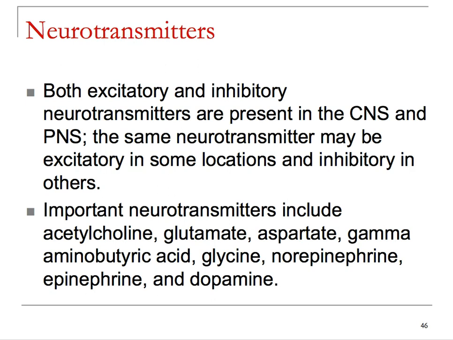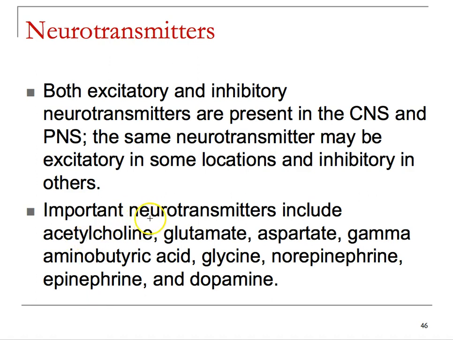Some neurotransmitters can be excitatory in some locations and inhibitory in other locations. What I want you to do is first understand that neurotransmitters bind to receptors, and then we'll worry about what they're doing exactly where. You'll see this is much more important inside chapters 14 and 15 than it is anywhere else inside the body.